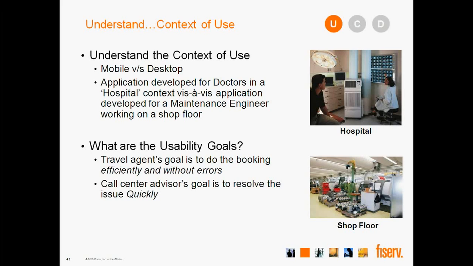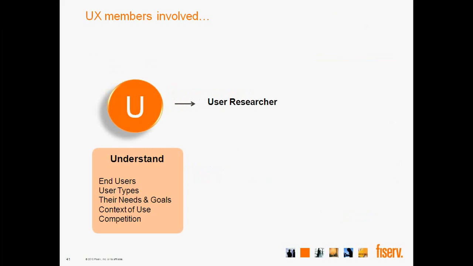It would be complete chaos. So error-freeness and efficiency are the key usability goals. And for a call center, quick resolution of the query. So a quick, fast, and efficient way of doing it is the usability goal. It depends on the users and the context of use; the usability goals would vary.